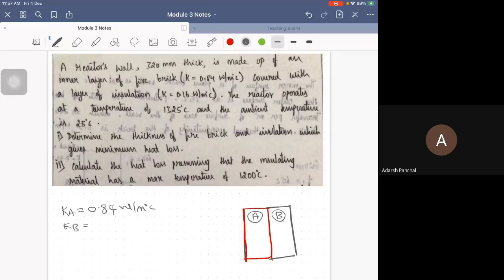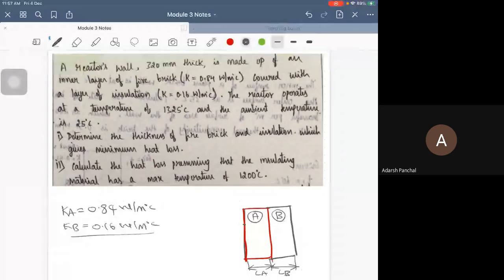Similarly, the value of Kb is 0.16 watt per meter degree Celsius. Now I think he has asked us to calculate the lengths. So this is LA and this is LB.